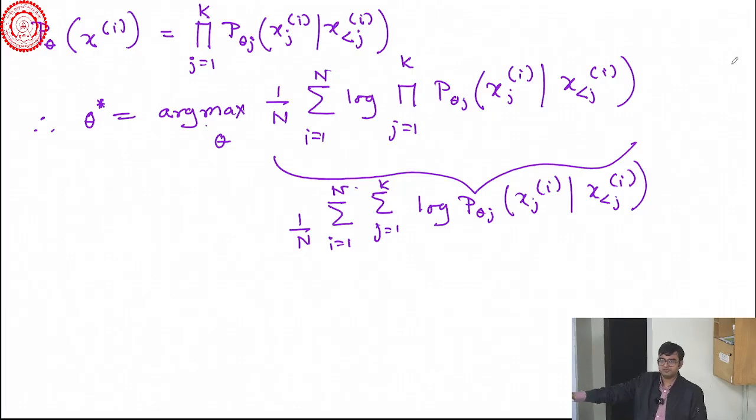This is what we will be working with in autoregressive generative models. And this is independent of, you can see I have not assumed it to be continuous, I have not assumed it to be discrete, I have not assumed the network to be anything. Even if it is a generative transformer, this is the loss function. If it is NADE, this is the loss function. If it is fully visible sigmoid belief network, this is the loss function.